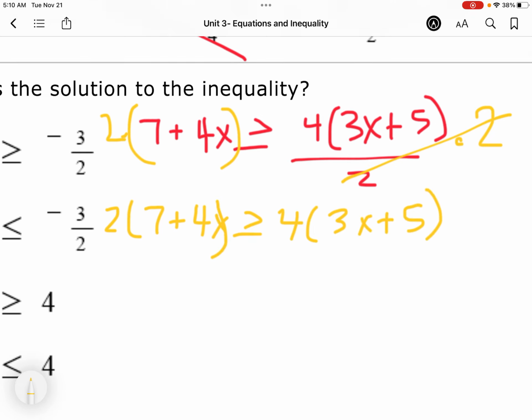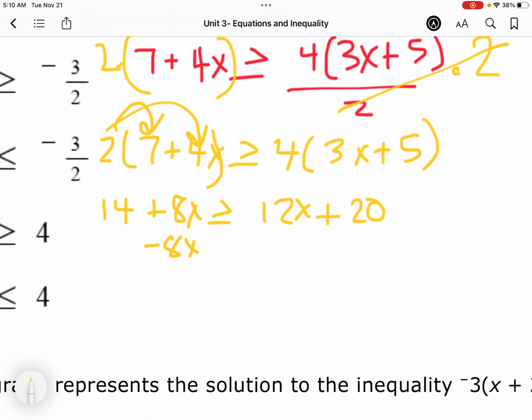And I'm going to distribute. So I end up with 14 plus 8x is greater than or equal to 12x plus 20.